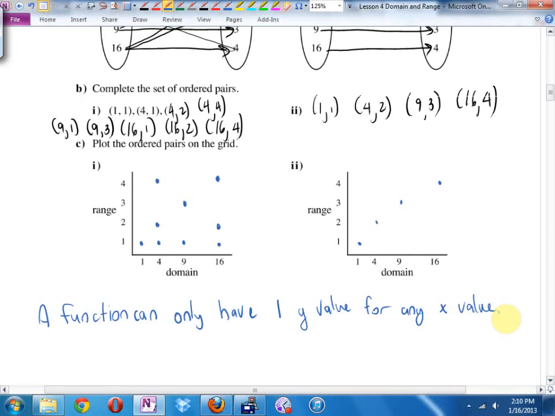I'll show you what I mean in just a second. We'll zoom in, but write that down. A function can only have one y value for any x value.